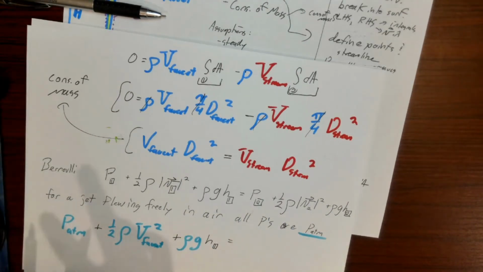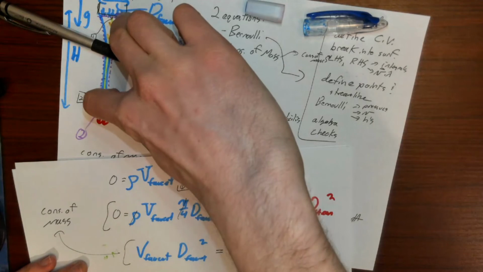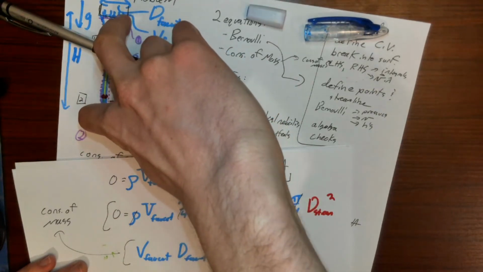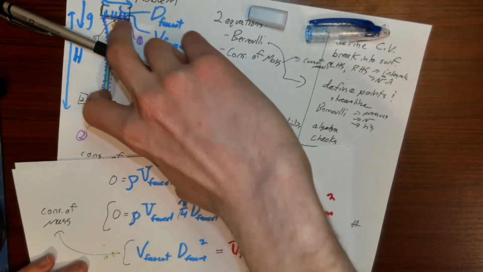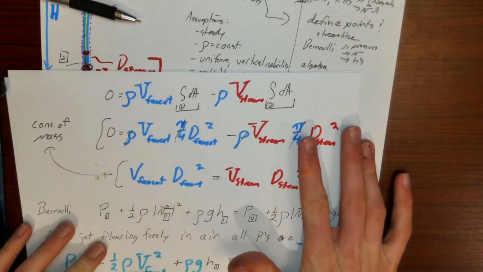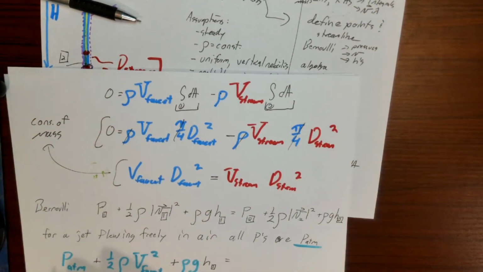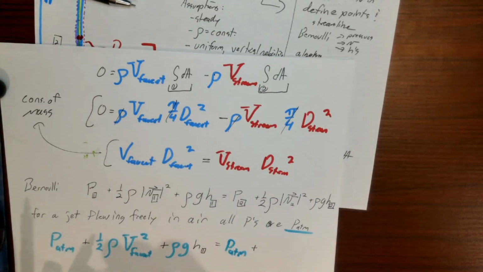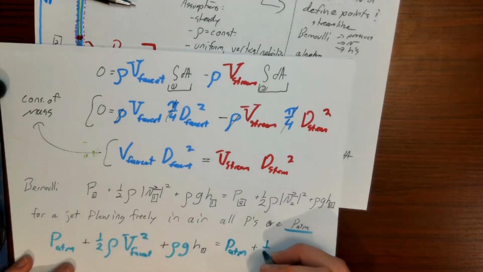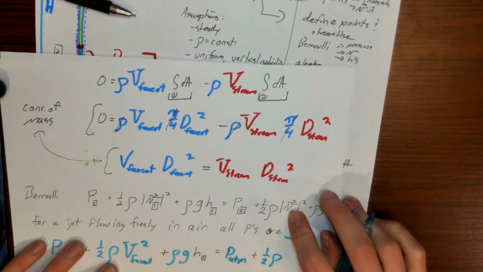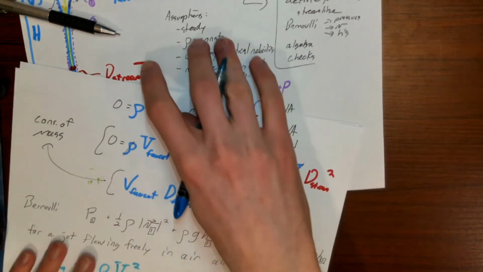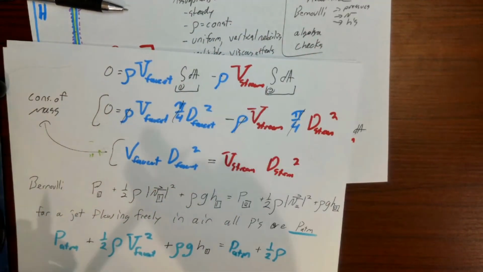Pressure 2, well, both point 1 and point 2 are points of this jet that are in free contact with the air and freely flowing through the air. So point 2 is also at atmospheric pressure. And we have 1/2 rho, and the velocity at point 2 is simply this downstream V stream right here.